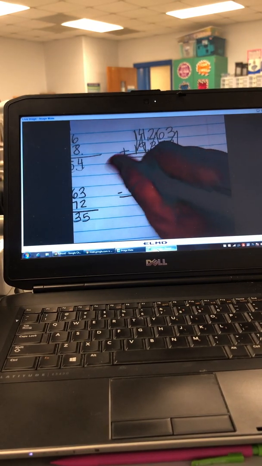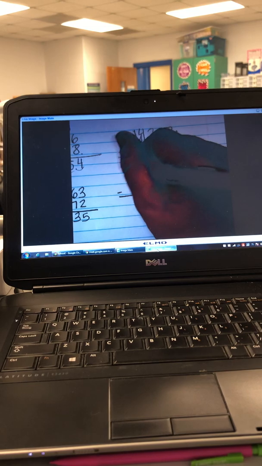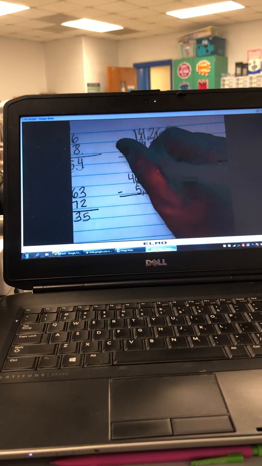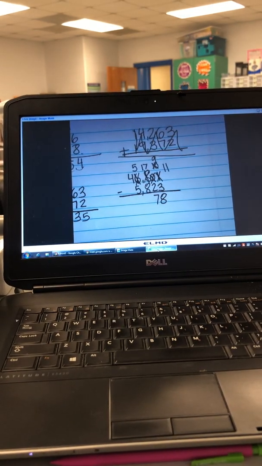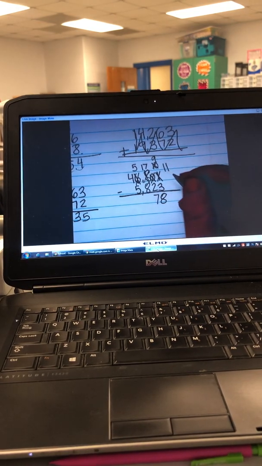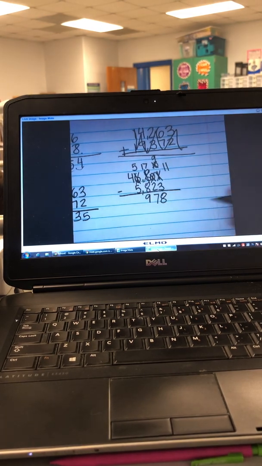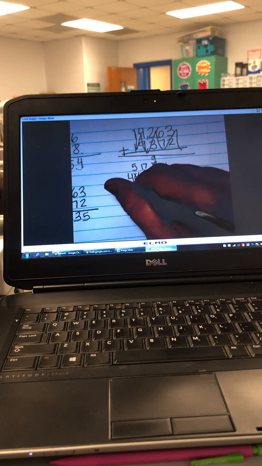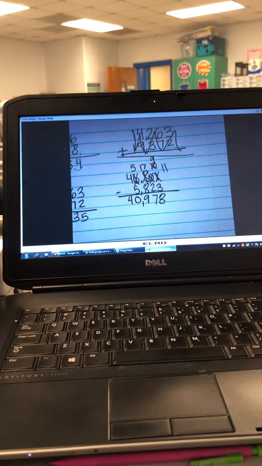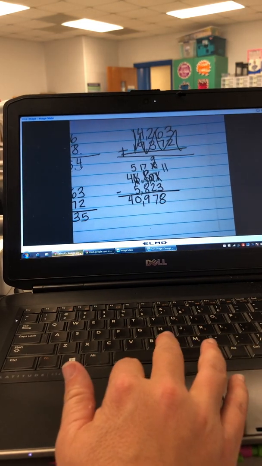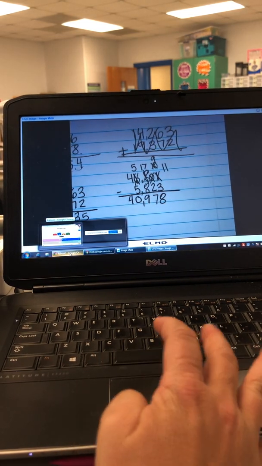So I'm going to change my 6 to a 5 and change my 7 to a 17. 17 minus 8 is 17, 16, 15, 14, 13, 12, 11, 10, 9. 5 minus 5 is 0. 4 minus 0 is 4. 40,978.